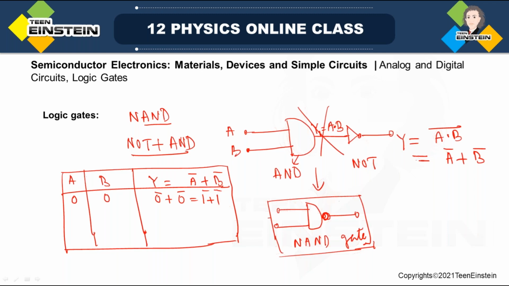According to Boolean algebra, when both the switches are at high level, you get output high level. So 1 plus 1 is not 2, it is 1 only. And 0 bar plus 0 bar, that means 1 plus 1, that is also 1. Okay, this is what it is.